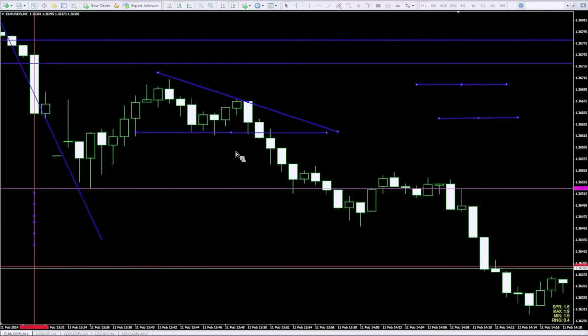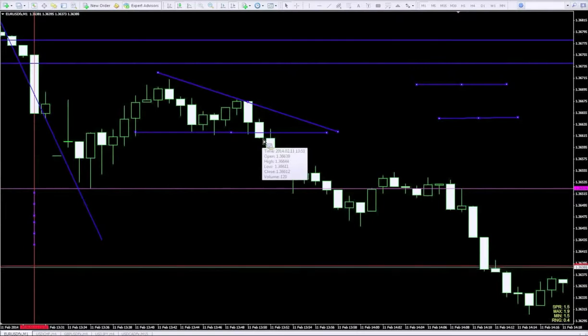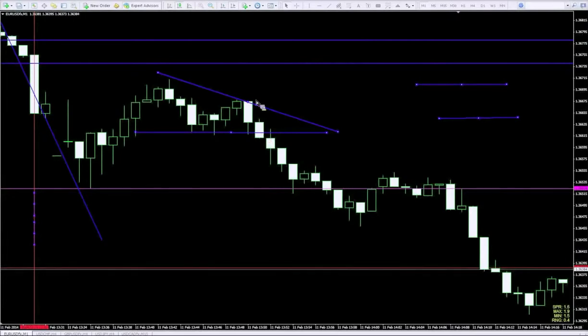Okay? Now, how we trade a wedge, and this is a simplified version of trading a wedge, is we're waiting again for a close below the bottom of the wedge. Okay? And then what we want is to put our stop loss of the wedge at the last touch of the wedge on the other side.